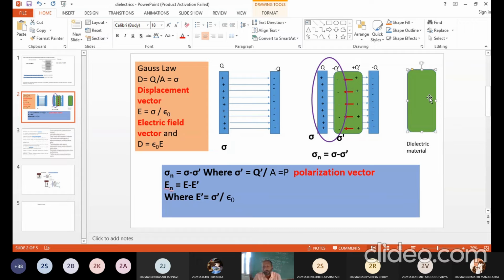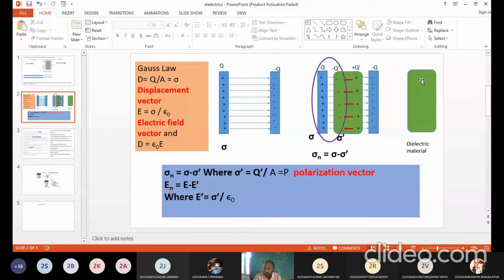Now the extreme right one is the dielectric material, and this one is your parallel plate capacitor. As you see here, is the dielectric charged? Is it charged now? No, sir. It does not have any charges. It is a neutral material, right?